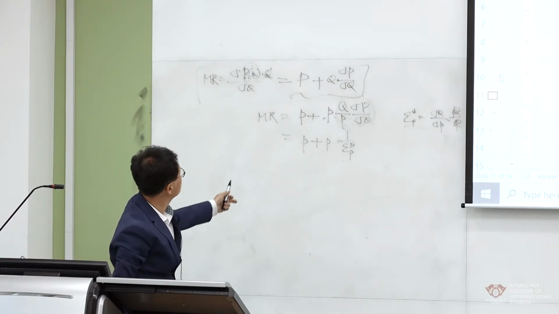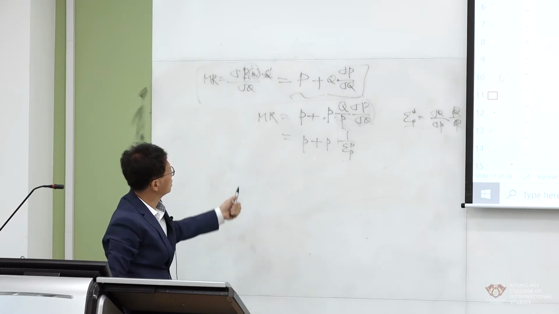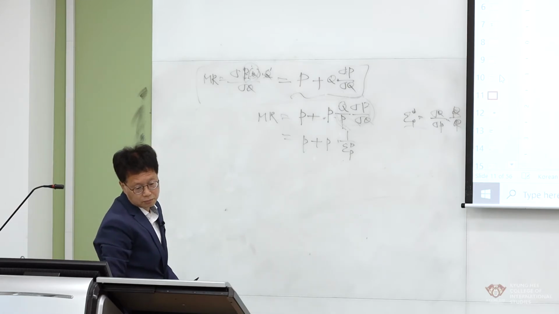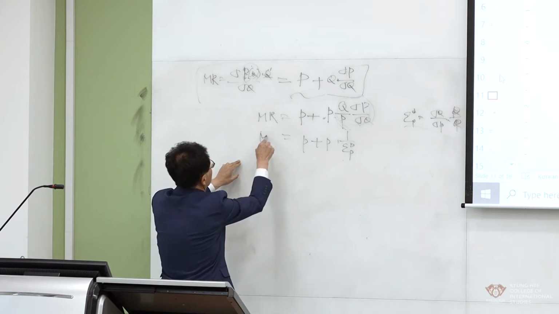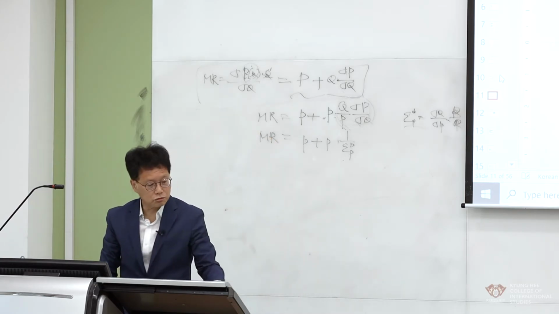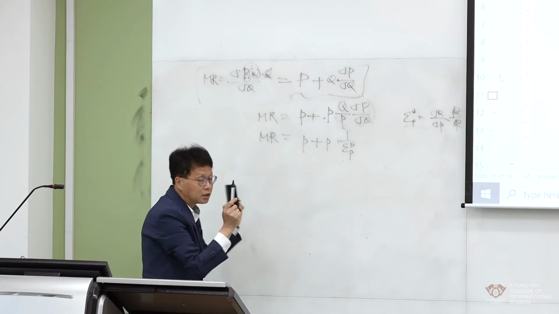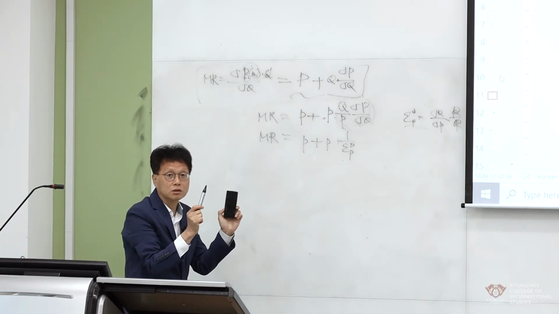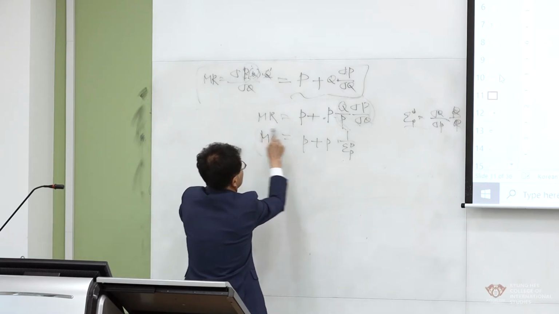You can see it like this. Also, we know that under the profit maximization condition, marginal revenue is equal to marginal cost, right? Then we can see this one.